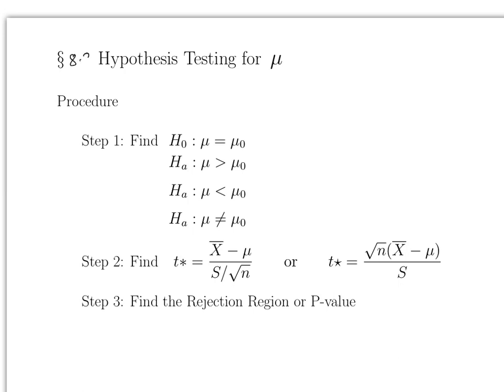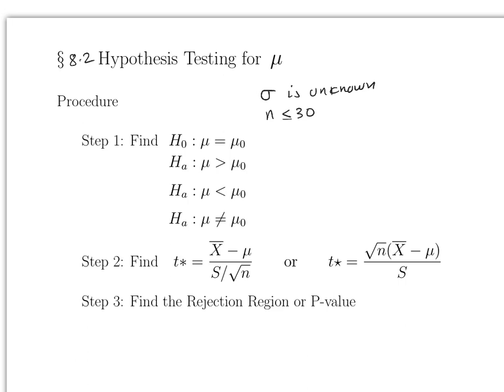Okay, so in section 8.2, the difference is now we're going to use T instead of Z, and usually when we use T it is because sigma is unknown, but equally importantly is that n is pretty much always less than or equal to 30.